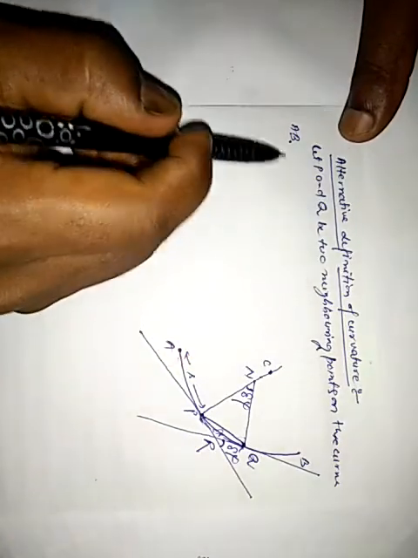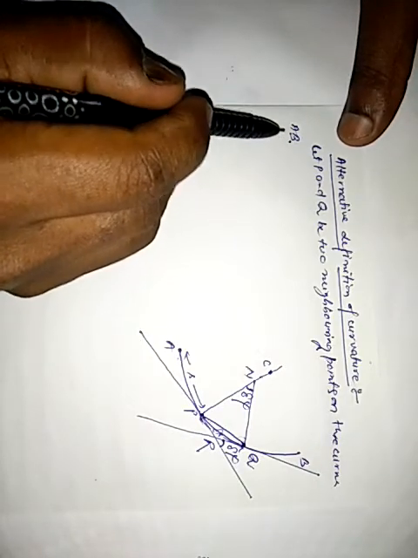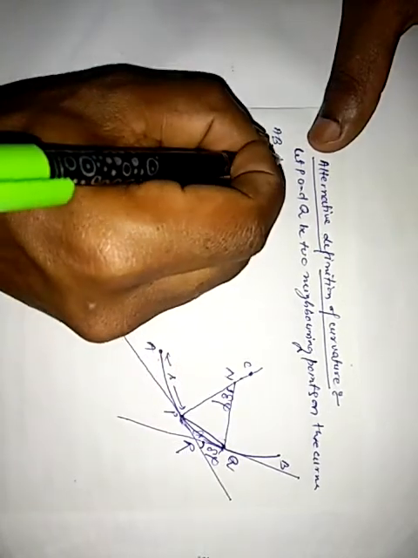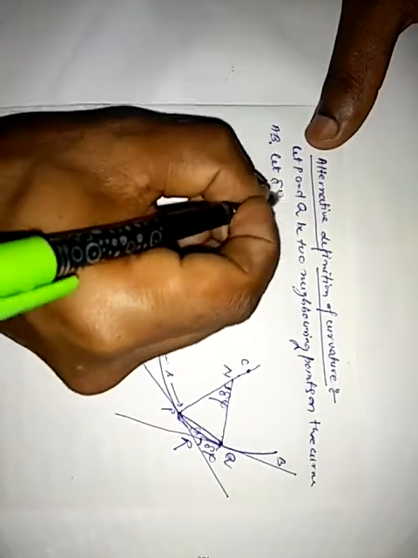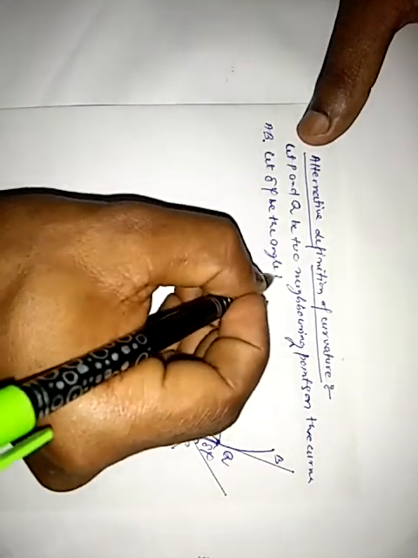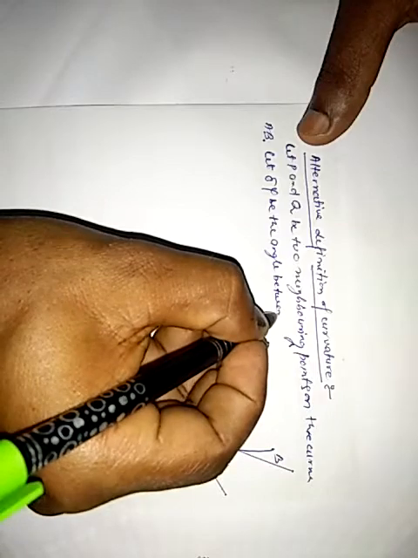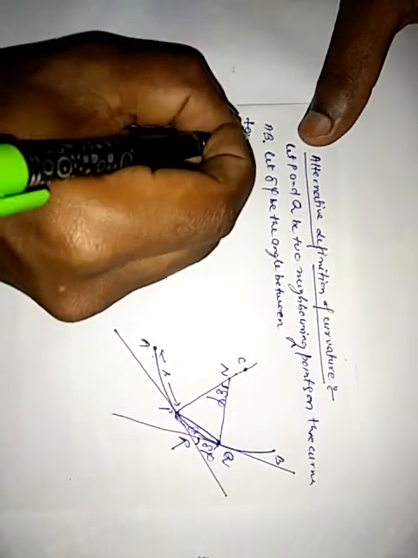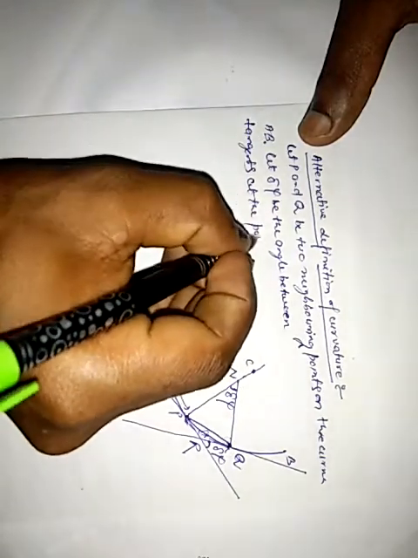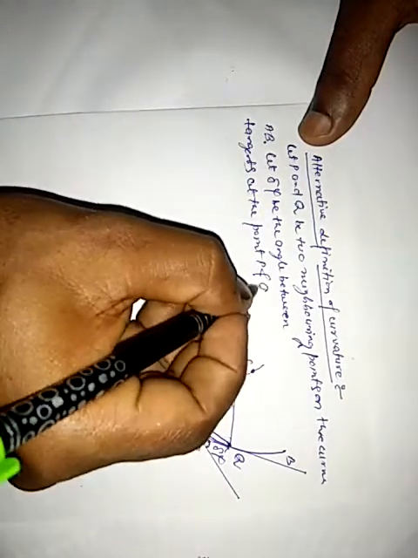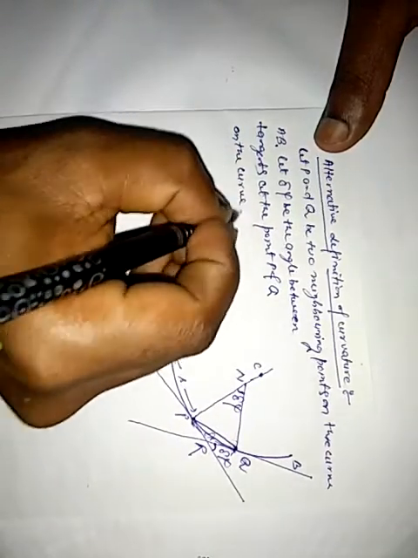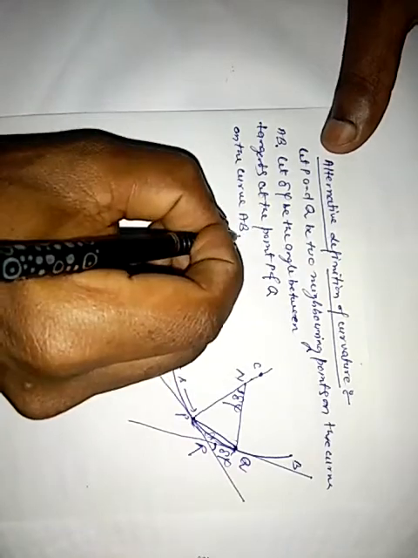Let P and Q be two neighboring points on the curve AB. Let delta psi be the angle between the tangents at the points P and Q on the curve AB.